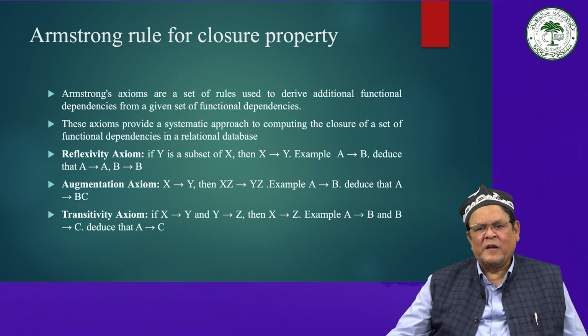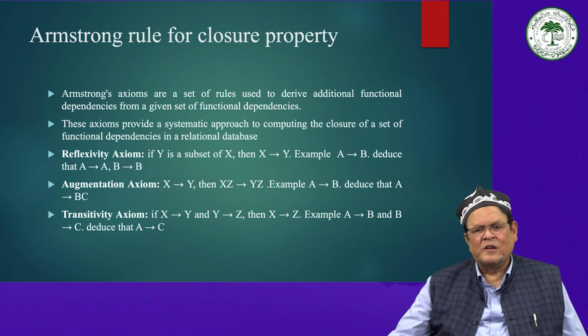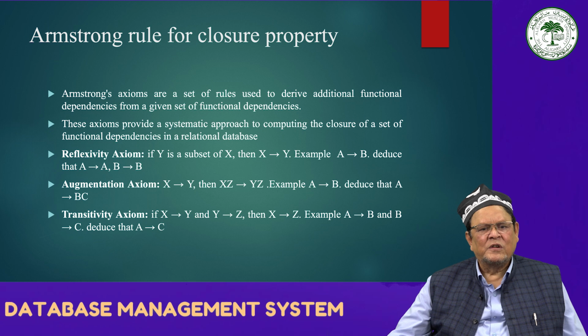Mathematically, if X determines Y and Y determines Z, then X determines Z. For example, if you have functional dependencies A determines B and B determines C, you can apply the transitivity property to deduce that A determines C. Armstrong's axioms provide a systematic method for computing the closure of a set of functional dependencies, which is essential for database design, normalization, and ensuring data integrity in relational databases.